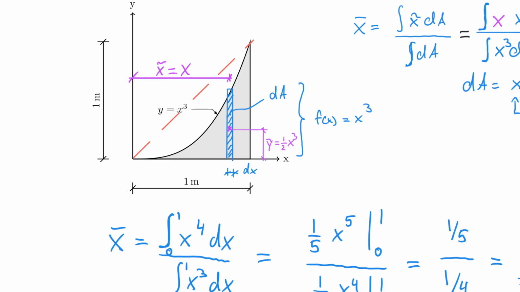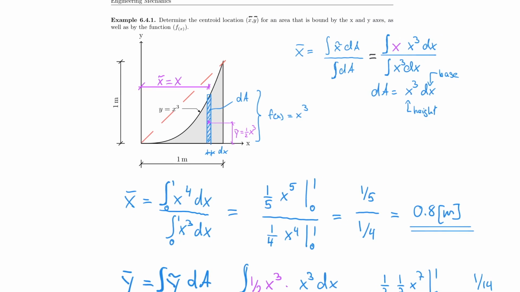Although the last thing that I really have to do is show in my sketch that I understand where it is. So let's say I pretend it's right there. I need to clearly identify that the distance here would be equal to 0.8. X bar is equal to 0.8 meters.